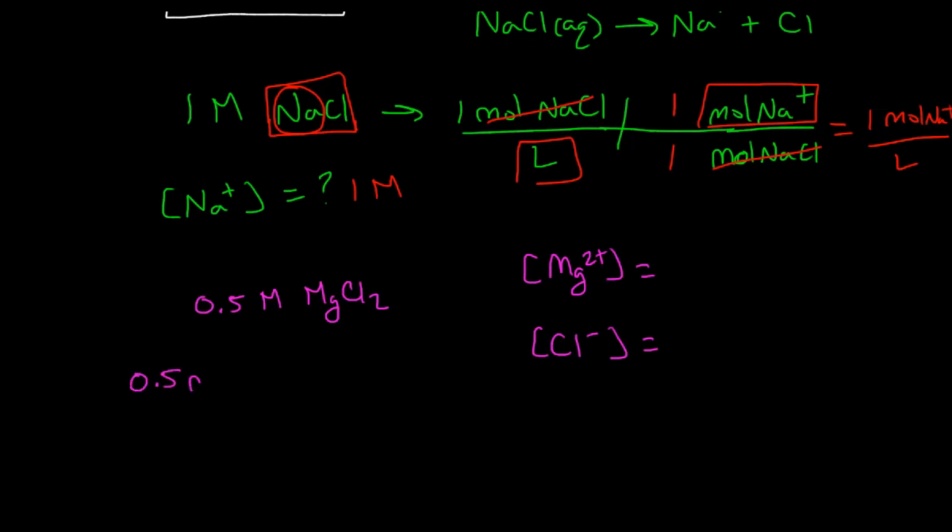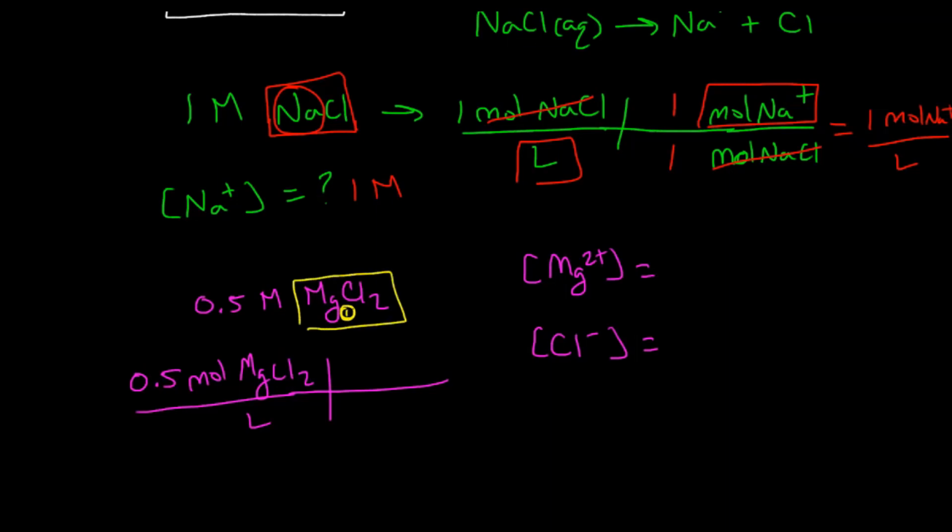We have 0.5 moles of magnesium chloride per liter, and I see in my formula that I only have 1 mole of magnesium for 1 magnesium chloride. There's a 1 that's implied there. So for every 1 mole of magnesium chloride, we have 1 mole of magnesium. The moles of magnesium chloride cancel out, and I'm left with 0.5 moles of magnesium per liter, or 0.5 molar magnesium.